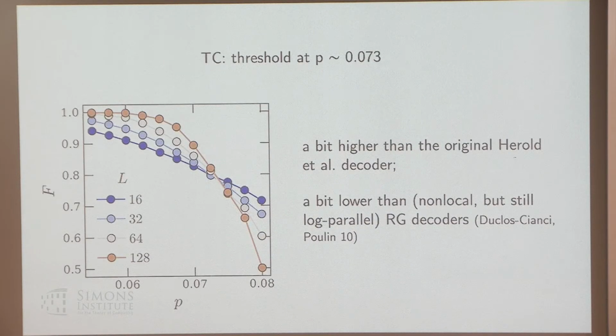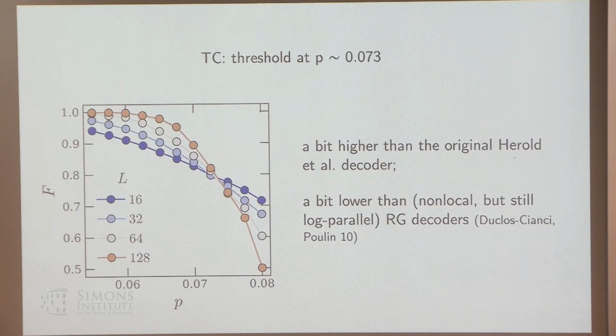For the toric code, where anions live in 2 dimensions, there's again a threshold that you would find in numerics. The threshold, if anyone cares, is around 7%. This threshold is a bit larger than the non-local model constructed by Harrow et al.